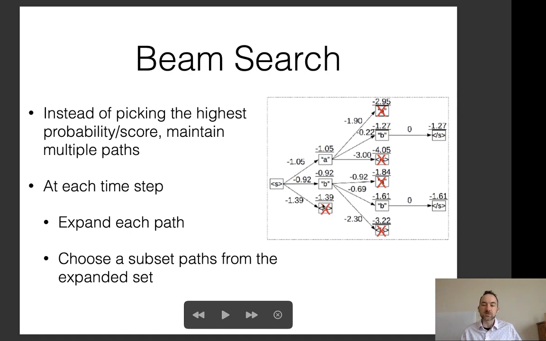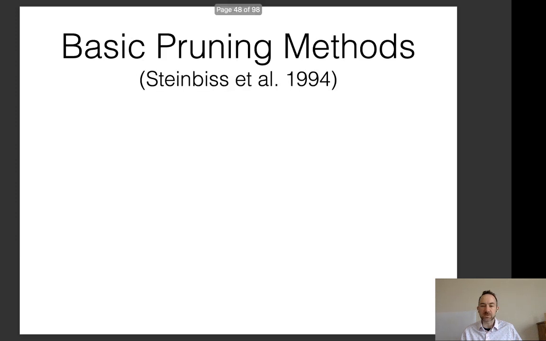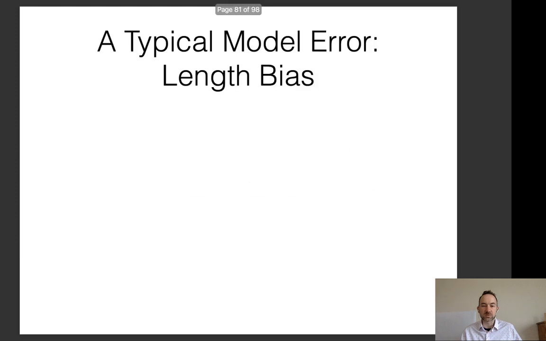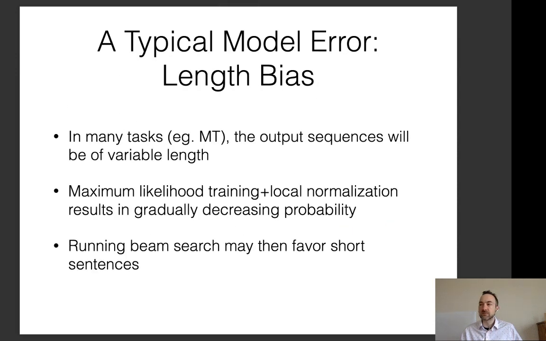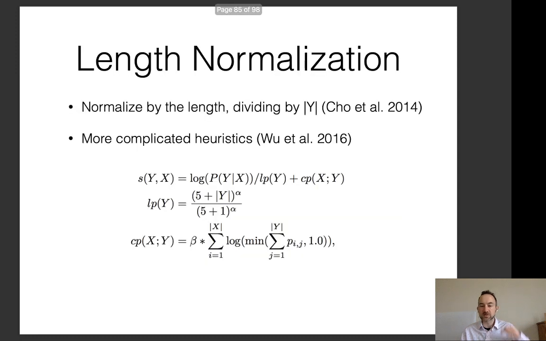There's actually research that shows that the empty sequence gets a higher probability in many cases than the best scoring non-empty sequence. So this is actually a fairly large problem as long as you're training models using the standard maximum likelihood objective.